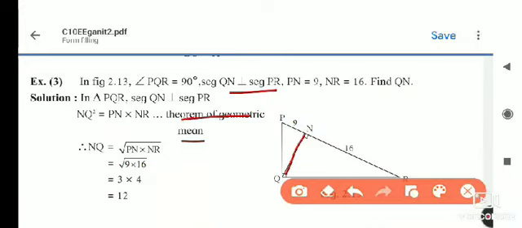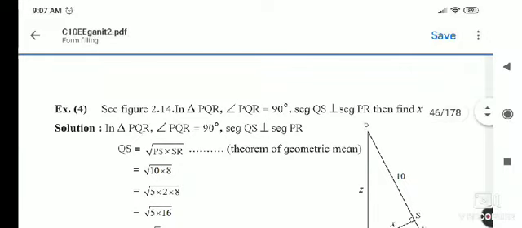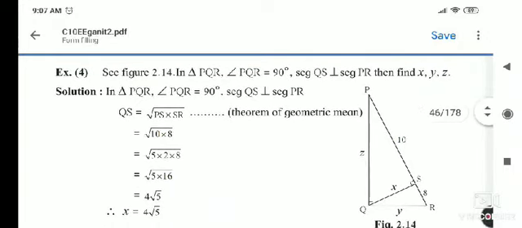So PN is 9 and NR is 16. The multiplication of 16 and 9 is 144. You can take the square root directly, otherwise 144 is the square of 12. So we will get the value of NQ. So in that way you have to use the property of geometric mean while solving the example.